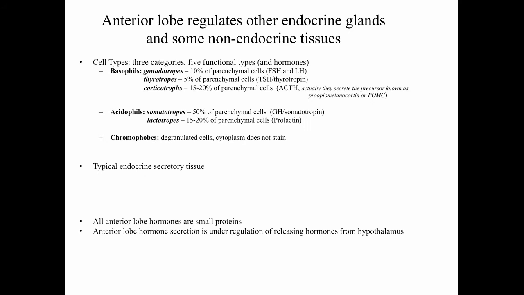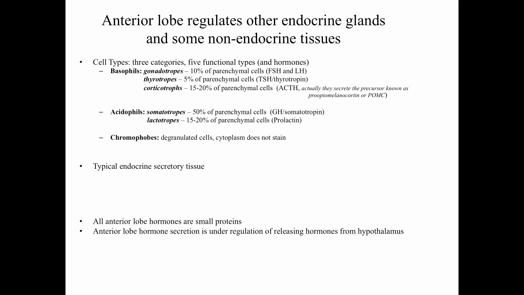Thyrotrophs, about 5% of the parenchymal cells, secrete thyroid-stimulating hormone, also known as thyrotrophin. And the corticotrophs, maybe 15 to 20% of the parenchymal cells, secrete adrenocorticotrophic hormone. They actually secrete a precursor known as pro-opiomelanocortin, or POMC.